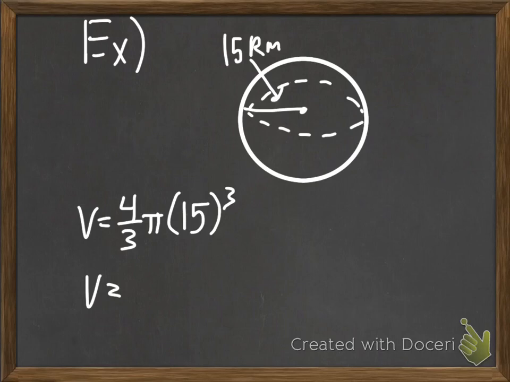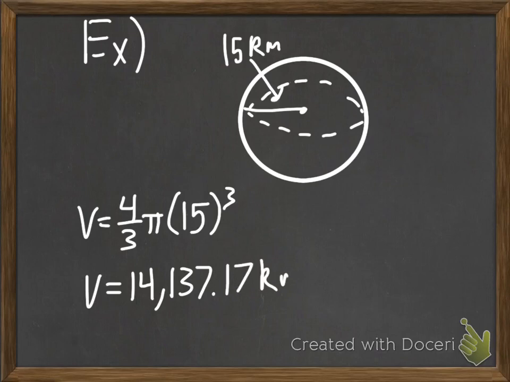Do some calculator work, and we get 14,137.17 kilometers cubed. So this is an extremely large sphere. This is the end of Lesson 6.